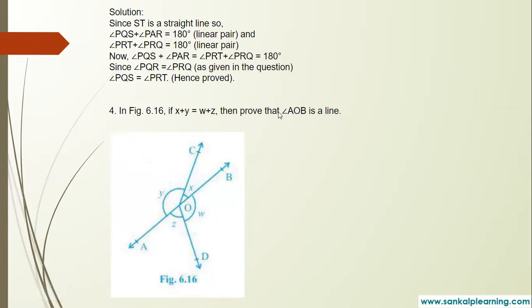So you have to prove that. Actually they have not given that it is a straight line or straight angle. You are proving it. Okay. See, when a line is standing on the line, see, these two are linear pair of angles. They are saying that whatever x plus y is, z plus w is also the same.